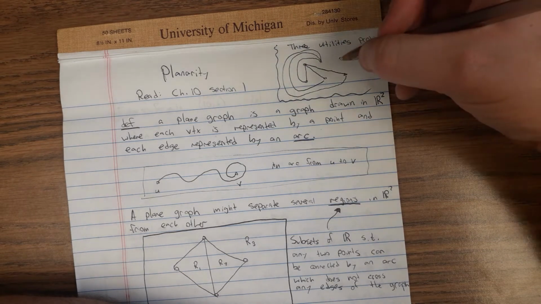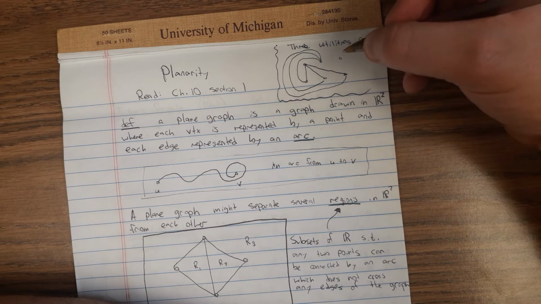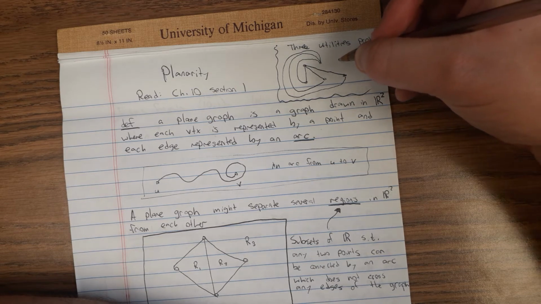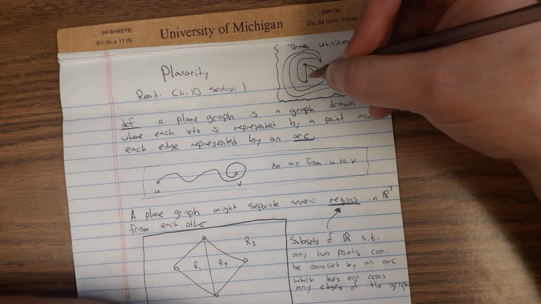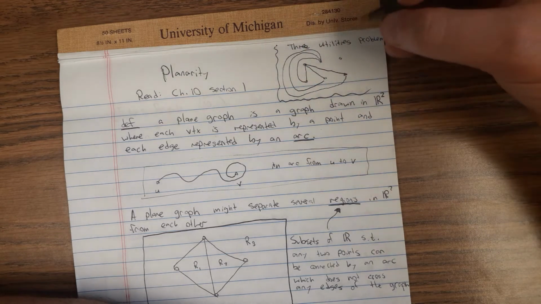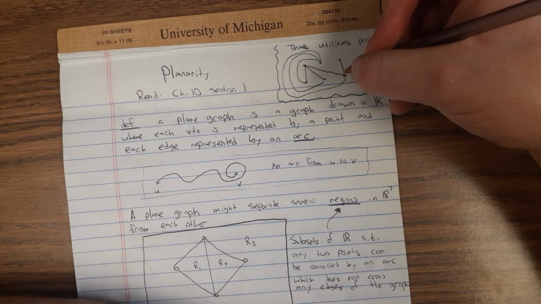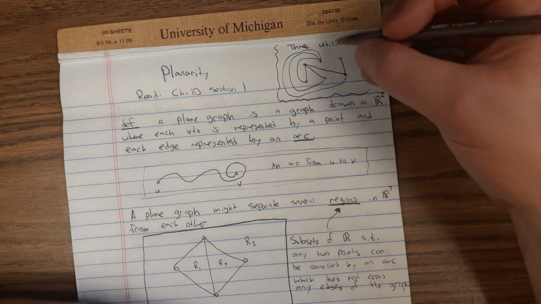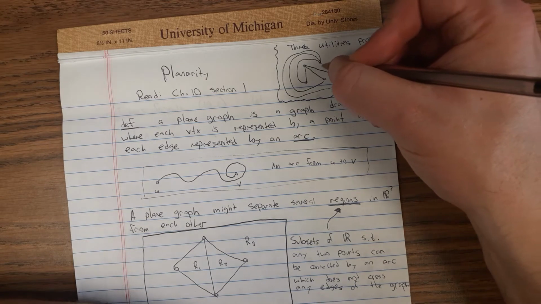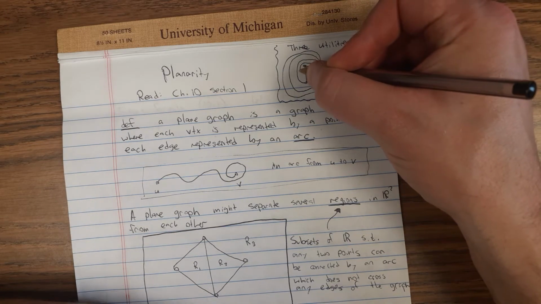And then what's the third house going to do? The third house, or sorry, this is the third utility, but I need to connect this one to all 3 down here. And I can do this one, and I can hit that one because if I'm sneaky, I can go in like this.